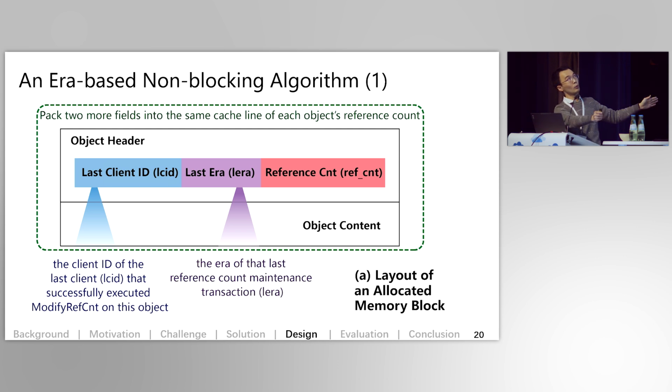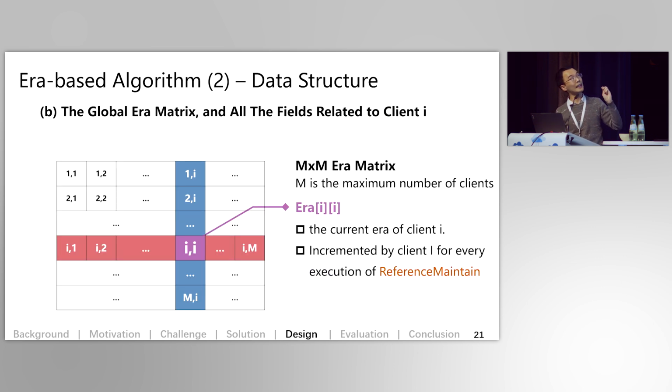So we have 3 fields here, and we manipulate them with a single compare-and-swap instruction to guarantee the atomicity. And with this additional information, we somehow maintain a global distributed timeline.